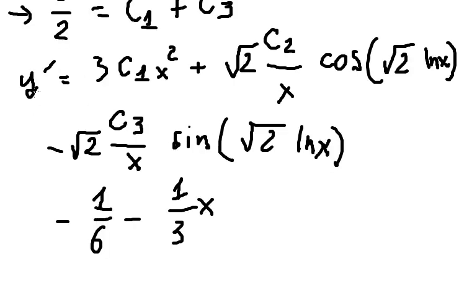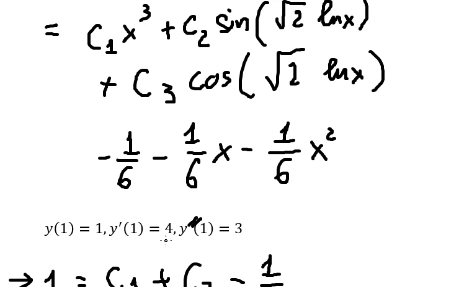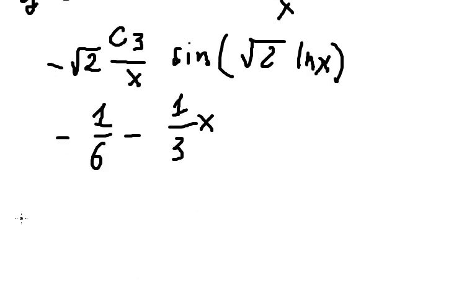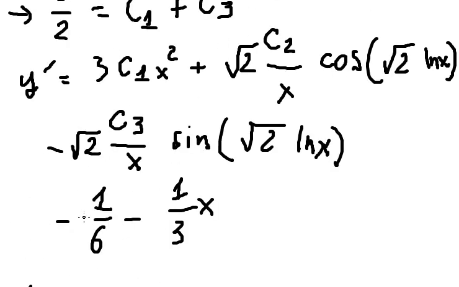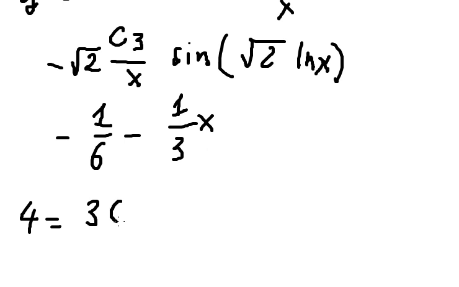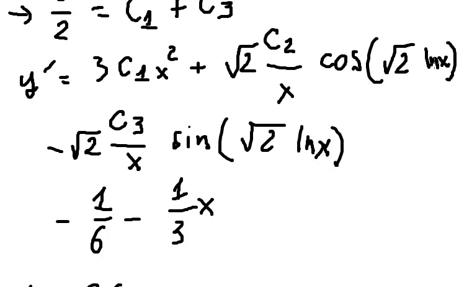Now if we put 1 in here, we have 4. So that should be about 4 equals 3c1. We put 1, we have ln 1, you get 0. Cosine of 0, we have 1.